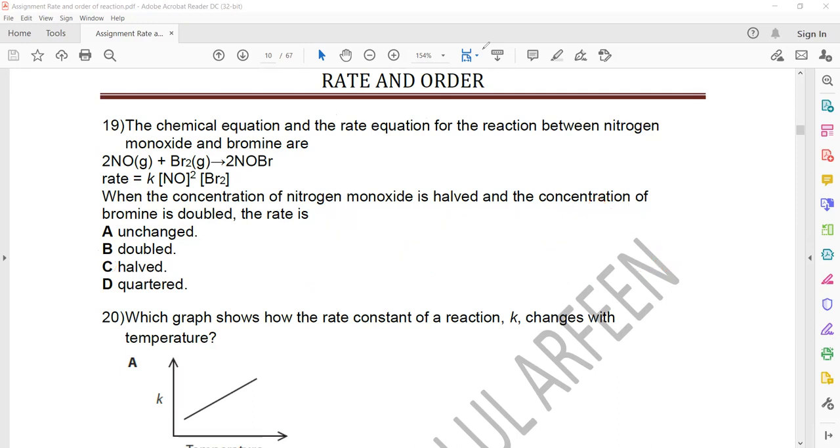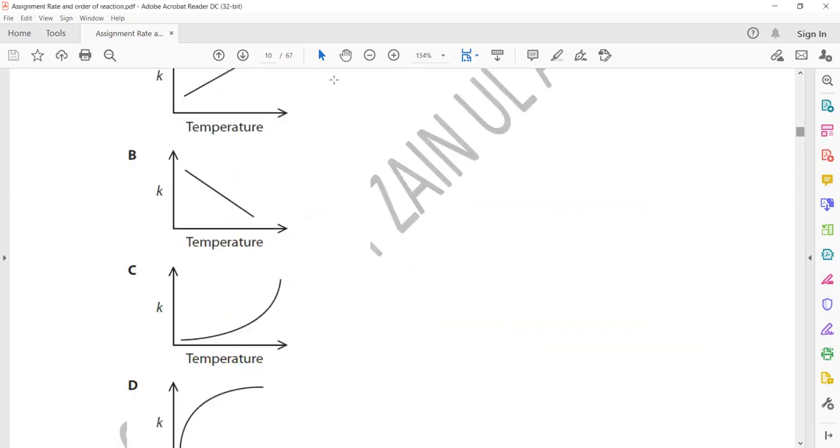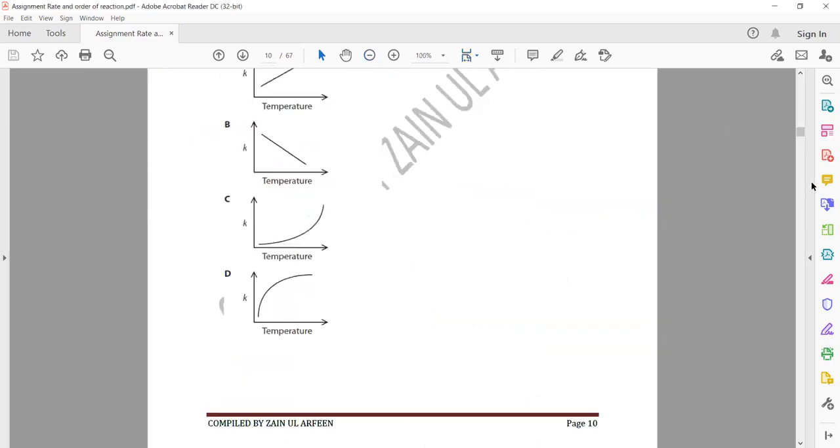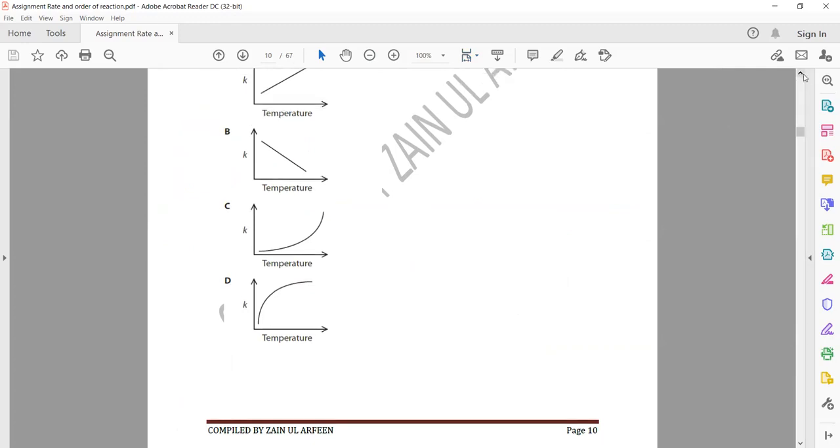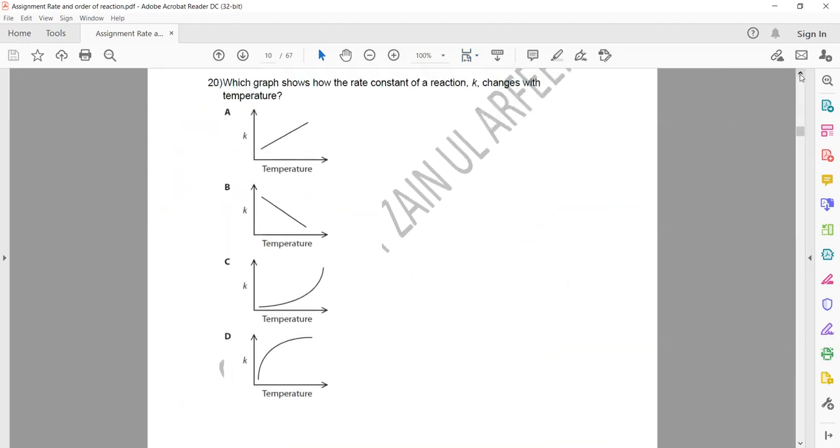Which graph shows how the rate constant changes with temperature? A, B, C, or D? It should be A because it's directly proportional. Actually, the equation is not directly proportional.